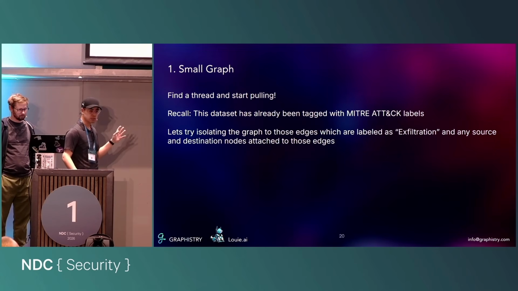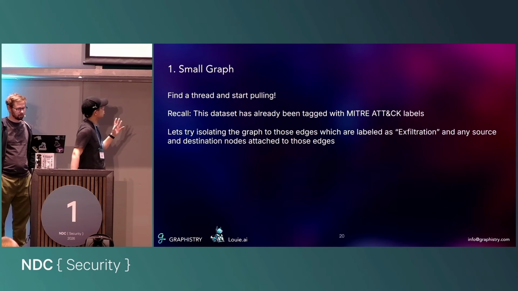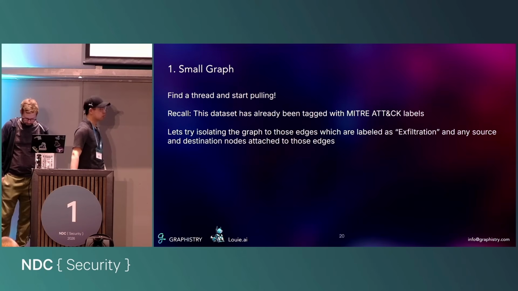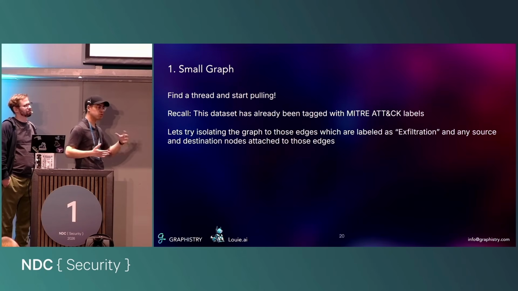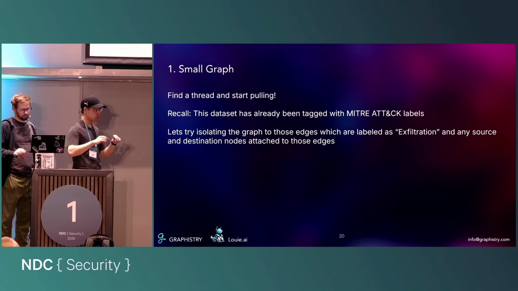One thing special about this data set is that it's already been tagged with MITRE ATT&CK labels. That's helpful. So let's look at the edges labeled as exfiltration, and try to pull out a graph composed of just those edges and the nodes connecting to them.